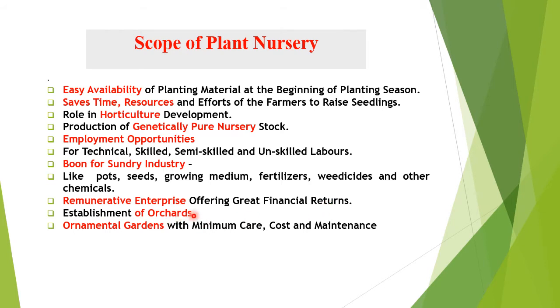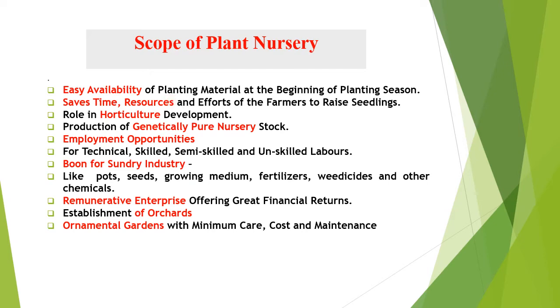Establishment of orchards, ornamental gardens with minimum care, cost, and maintenance. So overall, the scope is that it is a remunerative enterprise, it provides employment opportunities, and it provides the easy availability of planting material.